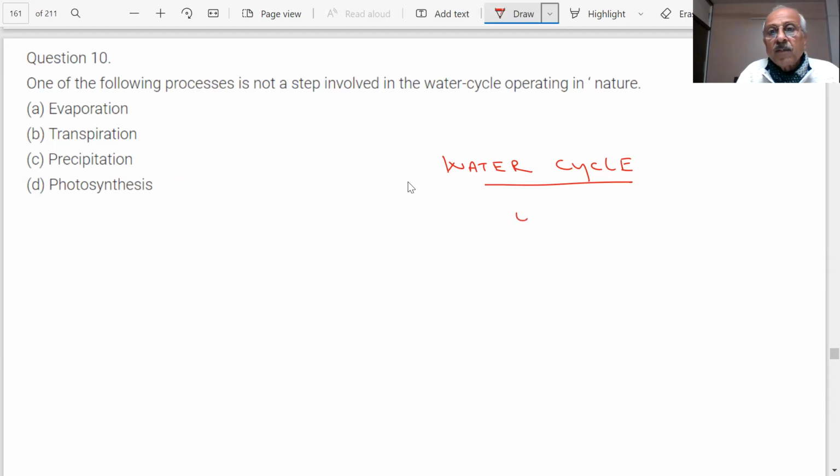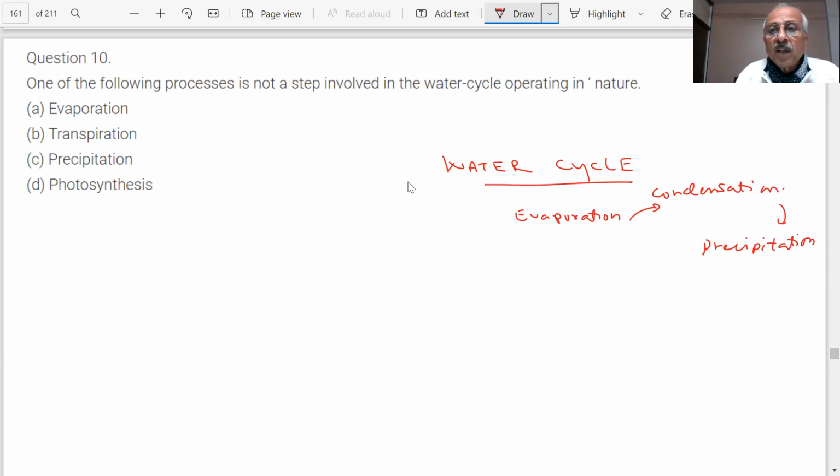Evaporation, you said evaporation took place. Then condensation. Then precipitation.